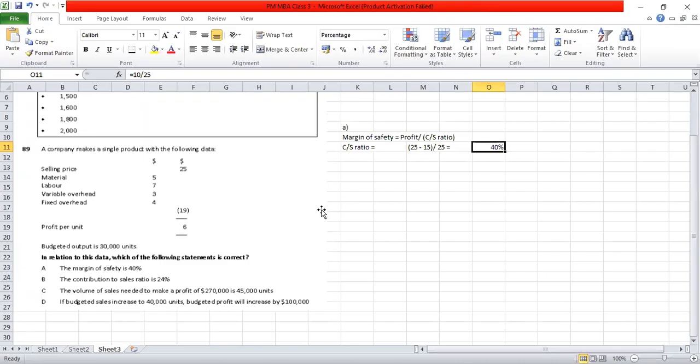Contribution is only sales minus variable cost. We should not include fixed, because then it would become profit, not contribution. So the contribution by sales ratio is only 40%.